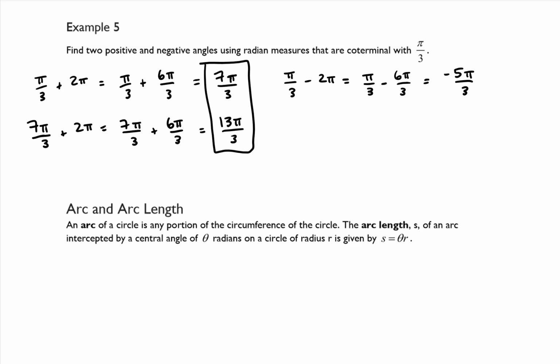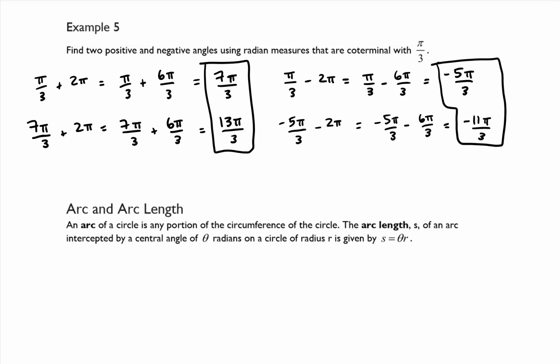And I'm going to subtract 2 pi one more time, which is another full rotation in the clockwise direction. So negative 5 pi over 3 minus 2 pi is the same thing as negative 5 pi over 3 minus 6 pi over 3, which is going to be negative 11 pi over 3. So these are our two negative coterminal angles.